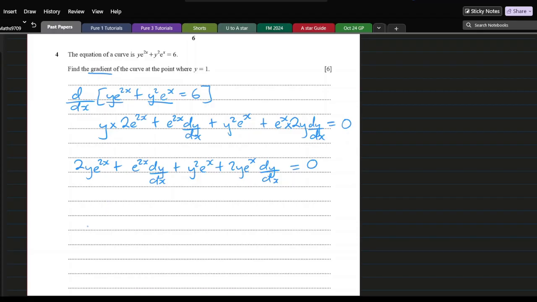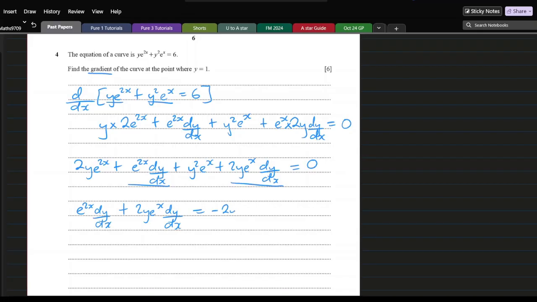So we're going to move everything that doesn't have dy dx to the right hand side, so that on the left we remain with e to the 2x dy dx, which is this part over here, plus 2y e to the x dy dx, which is this part, and then everything else is moving right.